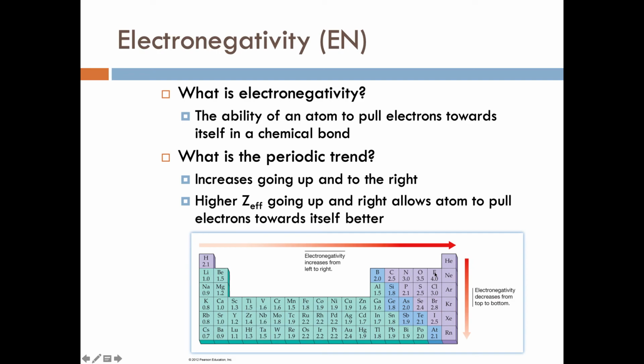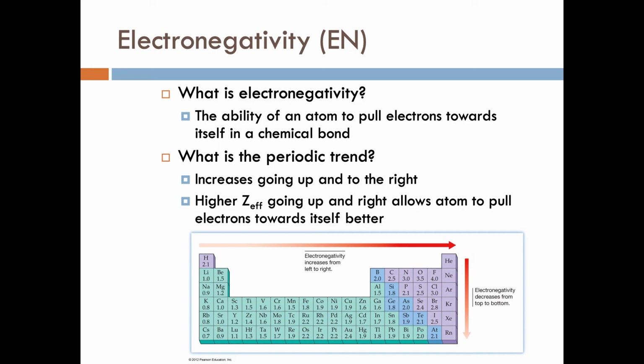This matters for covalent bonding, particularly for what I was saying about how electrons aren't always shared evenly. The numbers in this chart represent basically how badly something wants electrons. And we see fluorine has the biggest value of any of these elements. Fluorine, that means, is the most electronegative element. It wants electrons the most.